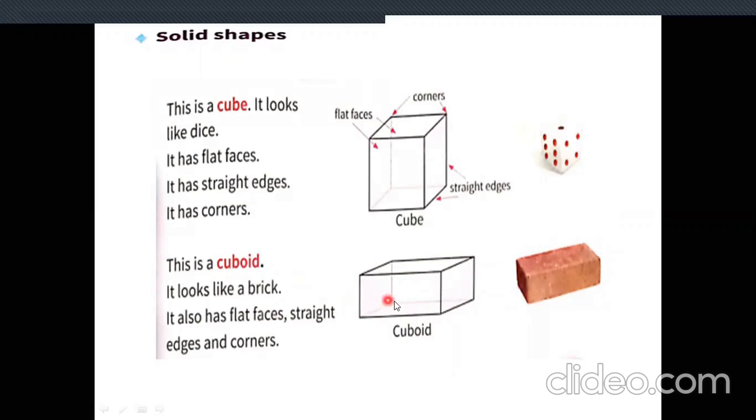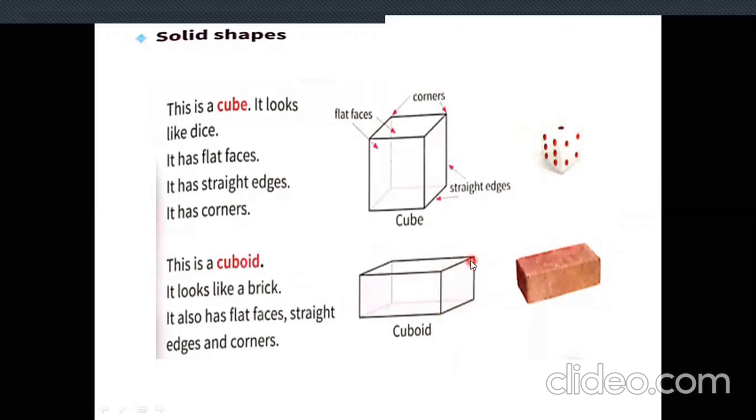Same as the cube, it has flat faces, it has straight edges, and it has corners. These are called flat faces, and these lines are called straight edges, and where they meet on each side are called corners.